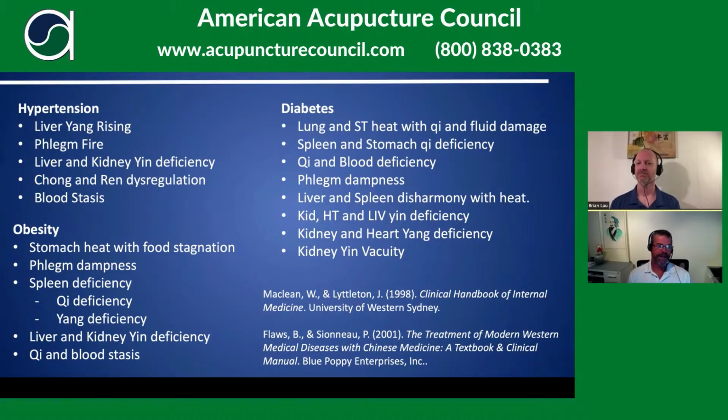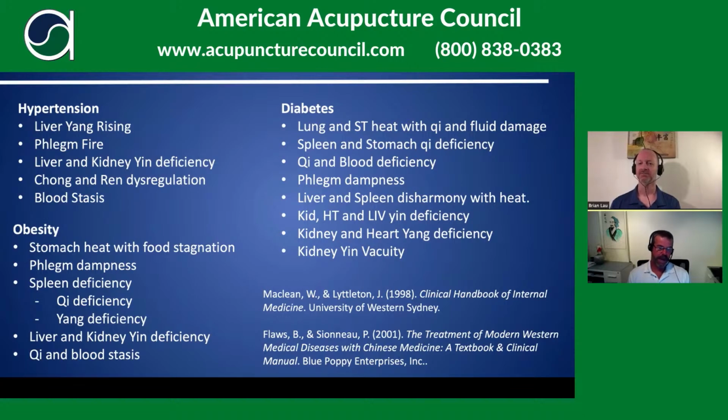So when somebody has hypertension and flat feet, we're looking at the kidney channel there. There's also the pattern of Chong and Ren dysregulation, which is interesting because you see the master points of Chong being spleen 4 and Ren being lung 7, kidney 6. Blood stasis is something else with hypertension.